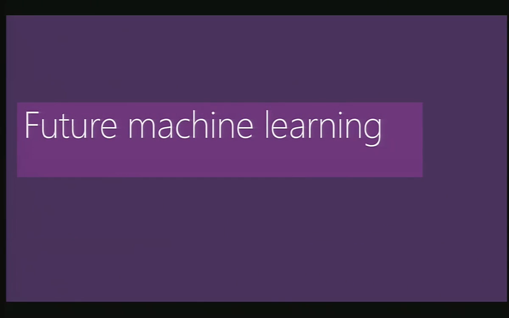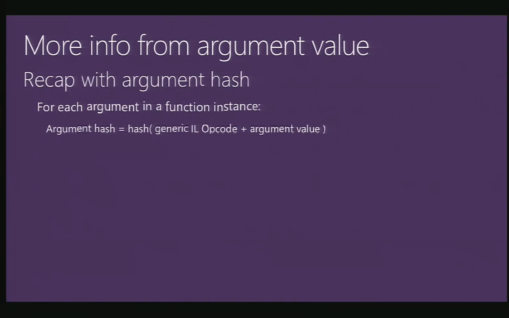After we have studied the results of the Bladabindi case, I would then talk a little bit about the future machine learning application to the data provided by my dynamic instrumentation tool. First, let's recap the argument hash.